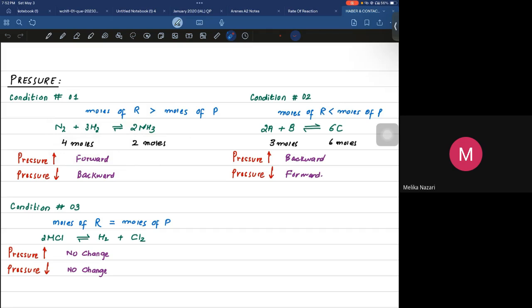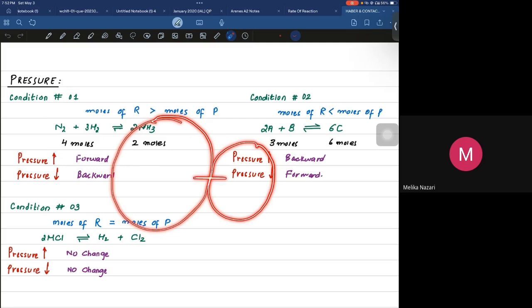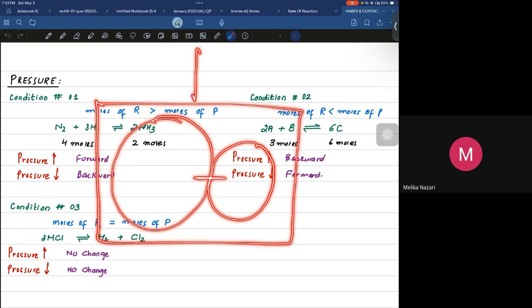So when you are increasing the pressure, let's suppose I have two balloons. This is higher and this is smaller. We have two balloons, they are interconnected with each other, and these are present in the same container. I'm going to increase the pressure, so the air would move from bigger to smaller, and it would be moving till the size becomes the same.